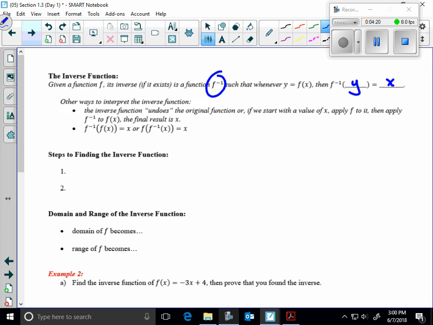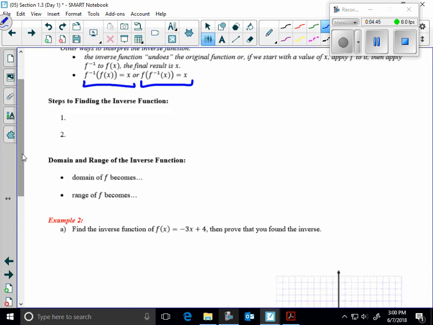Or if we start with a value of x, apply f to it, then apply the inverse to f of x, the final result is x. Too many words. Basically, if we do the composition going both ways, right, f inverse of f of x or f of f inverse of x, we should get x in either case.